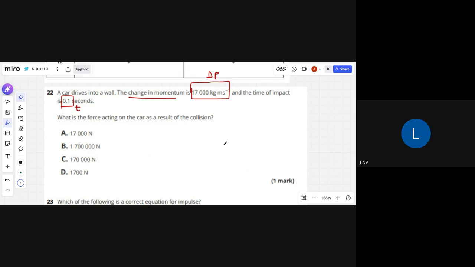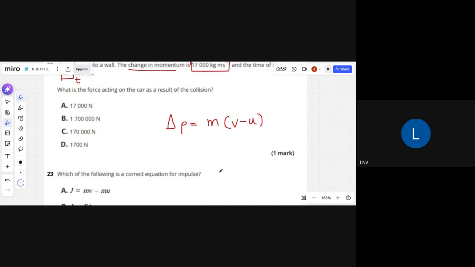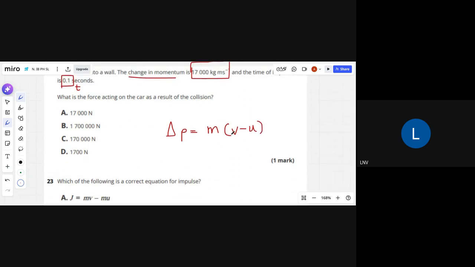So we know the equation for change in momentum. Sorry, it's change in momentum over change in time, which will give us the average force.